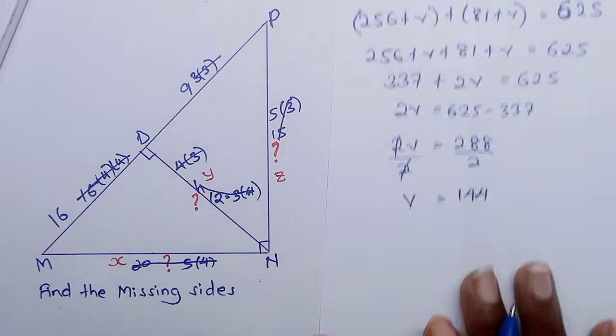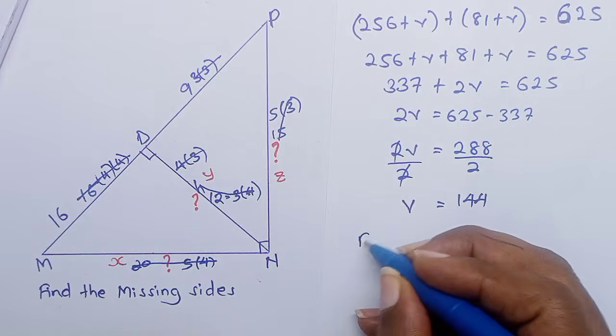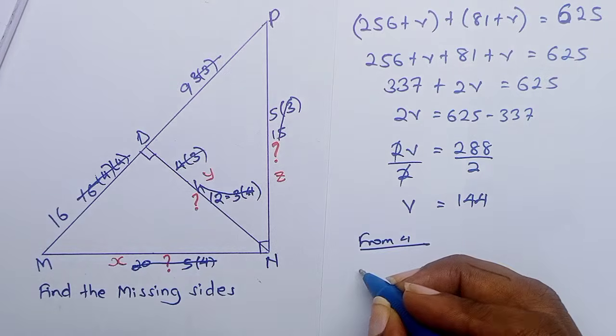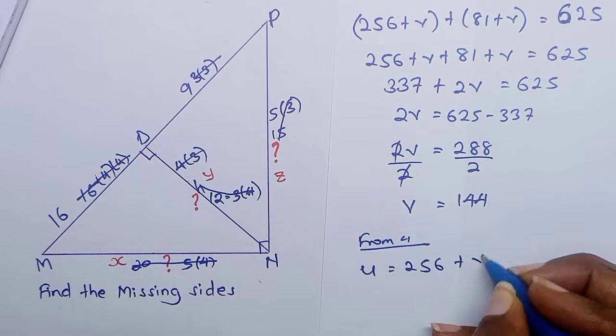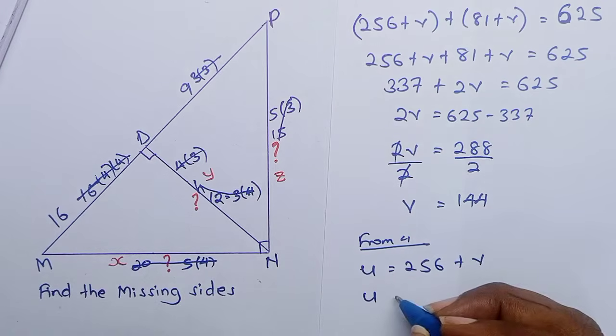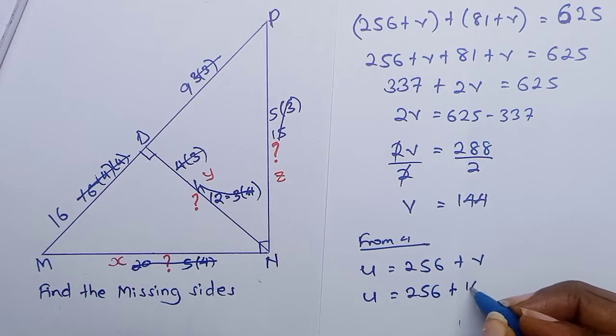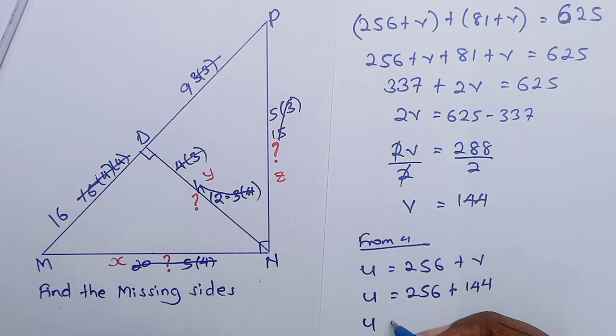So we have found the value of v. Now from my equation 4, we had that u is equal to 256 plus v. So we have the value of v, so we substitute. So u will be equal to 256 plus 144. And therefore u is equal to 400.